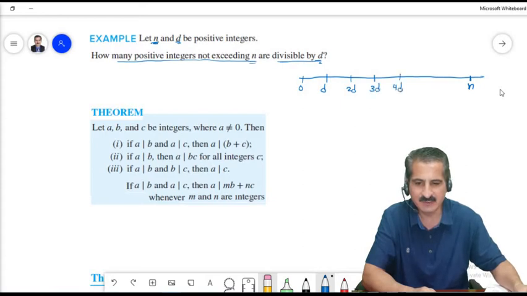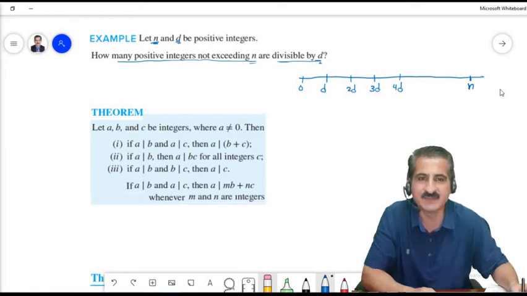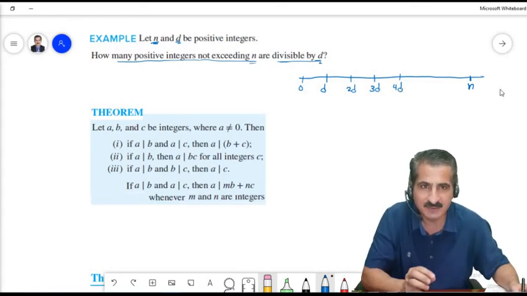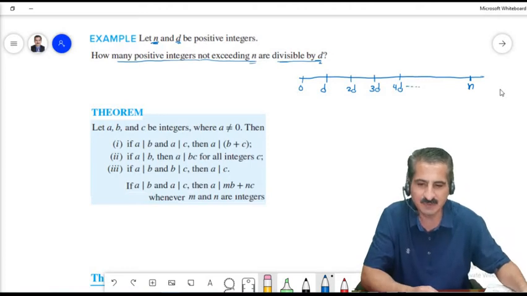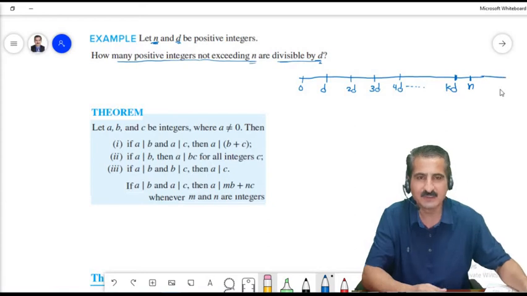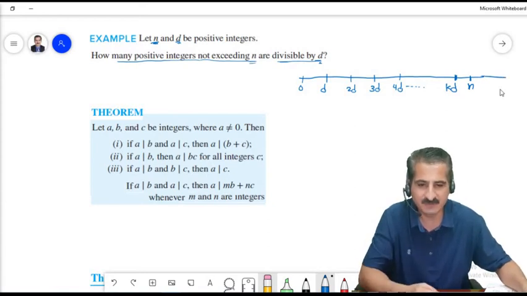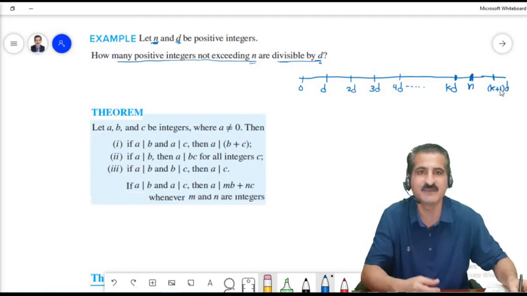The integers that are divisible by d are multiples of d, and multiples of d take this form. We will keep going till we reach some point here, which is k times d, so that if we take the multiple of d that comes after, which is k plus 1 times d, then we find ourselves have jumped over n. We have exceeded n.